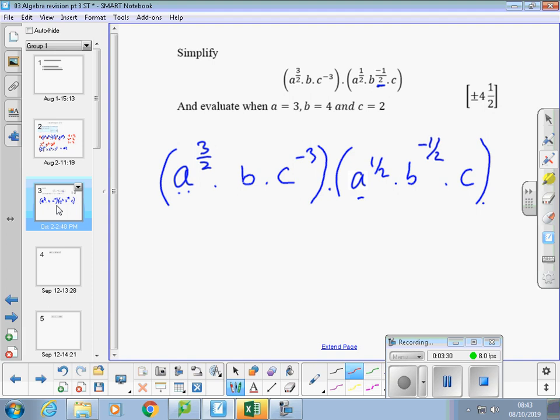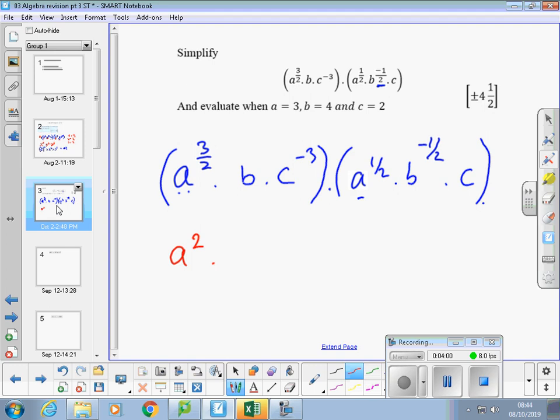So what do we do when we multiply two numbers together? We add the indices. So what do we end up with here? We've got 3 halves, and we're adding on another half. So we've got 4 halves, which can be better written as 2, a to the power of 2. All follow that?